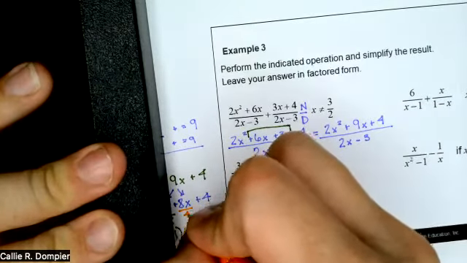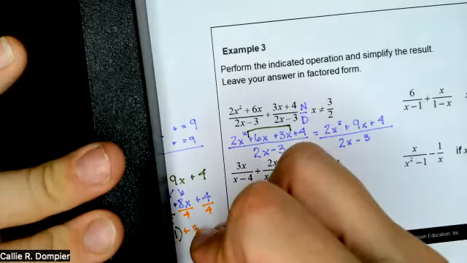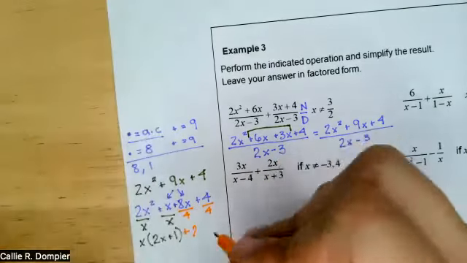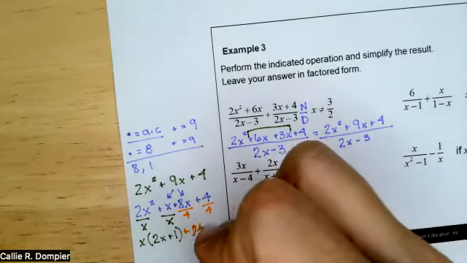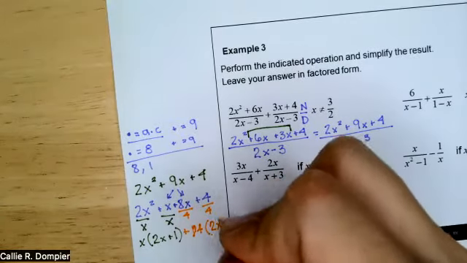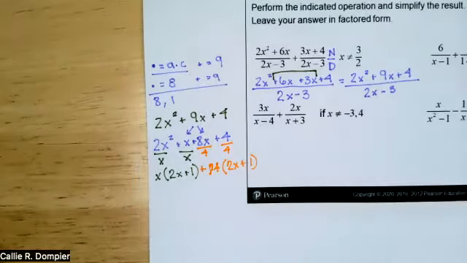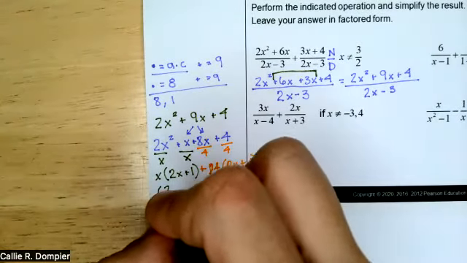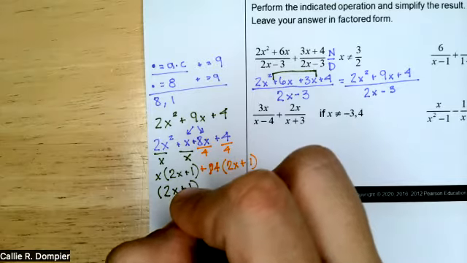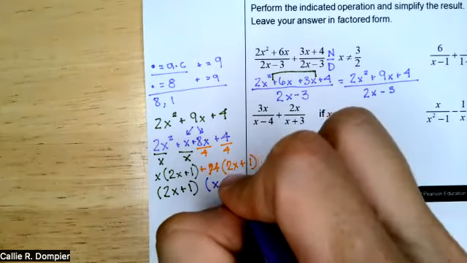I can divide them both by 4, right? 8x divided by 4 is 2x. 4 divided by 4 is 1. So 2x plus 1 is what we're taking out, and we are left with x plus 4.